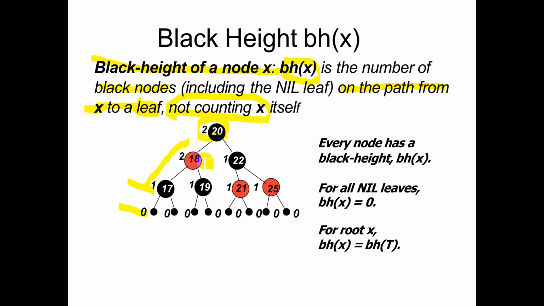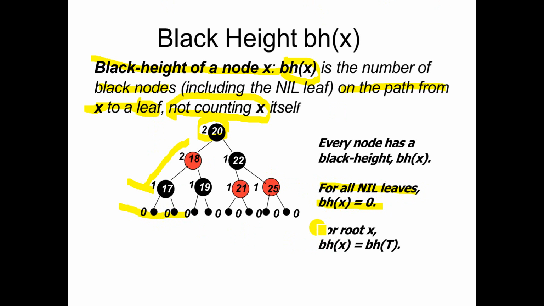Some other useful information while computing the black height: for all nil leaves, black height is 0. It's true because it should not include itself, right?